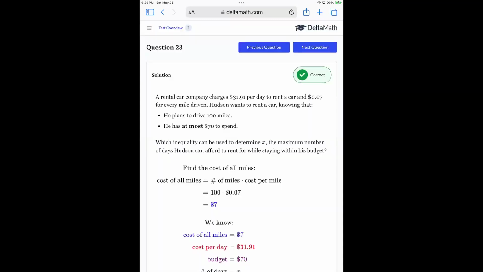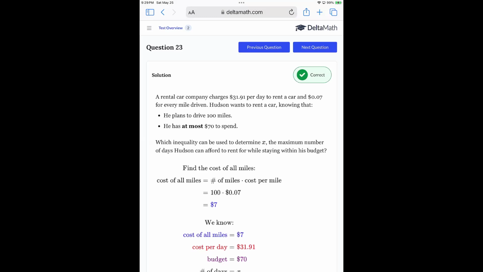All right. I didn't like that they put the budget amount first, but basically I just took the information that I had. I knew that this is going to be a linear inequality, right? Because we're doing things per day. We're adding $31.91 per day. We're adding 7 cents every mile.